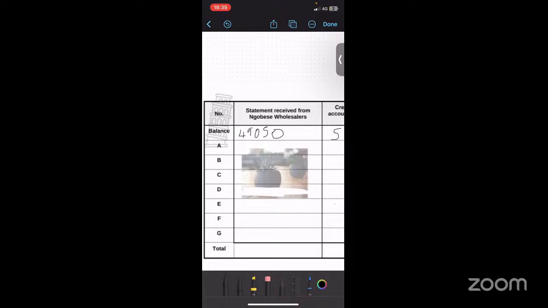It's when they reduce the amount that you were supposed to pay. When they reduce the amount, what does that mean? Your amount decreases.